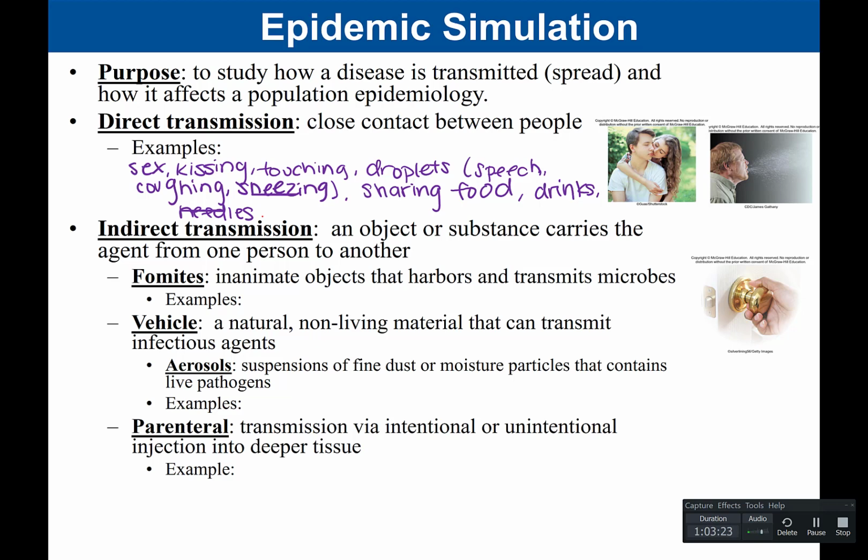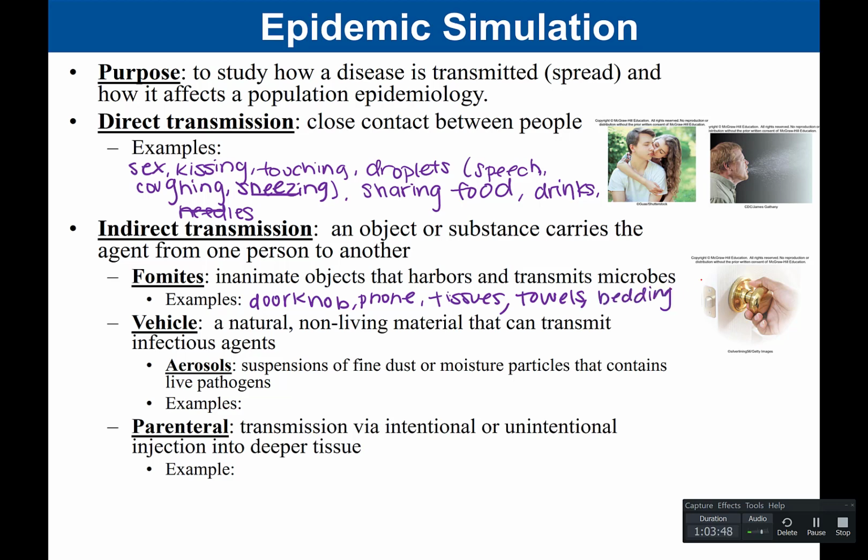So examples of fomites would be a doorknob, a phone, tissues, towels, bedding.